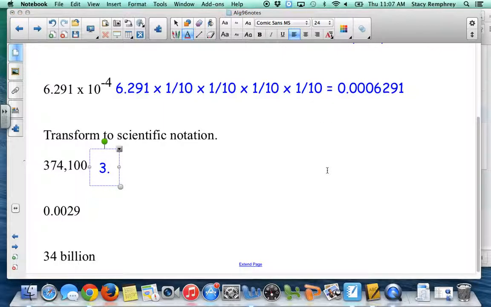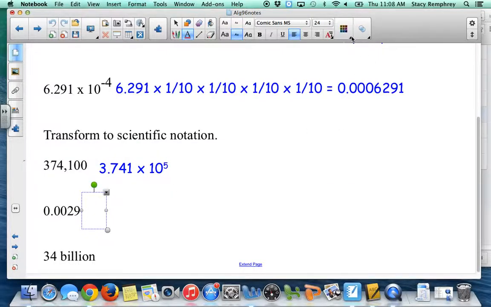So I get 3.741 times. Now this was a really big number, so it's going to be 10 to a positive exponent. How many times did I have to move it? 1, 2, 3, 4, 5, so 10 to the 5th. Again, these two numbers mean the same thing, I'm just expressing them differently.